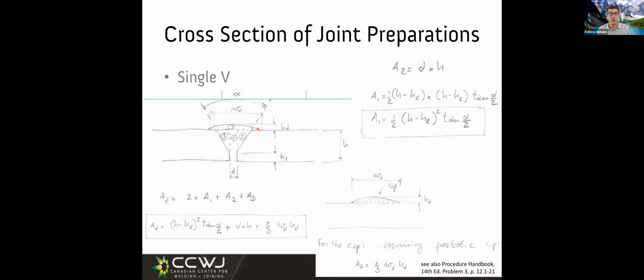And if you do that, you can have a formula based on the height of the reinforcement and the width of the reinforcement, assuming it's a sector of a circle. That calculation is not exact, because really it's not a sector of a circle, and it's also a very complex calculation.